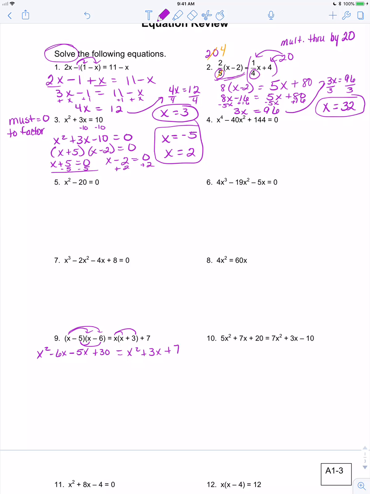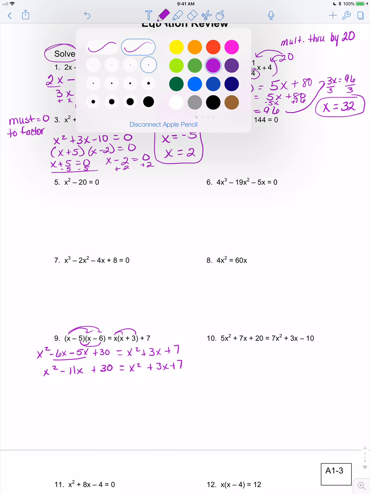Okay, so let's simplify this. We've got x squared minus 11x plus 30 is equal to x squared plus 3x plus 7. Well, then we just want to see if we can start moving everything over to one side, or what we might need to do here in order to solve.